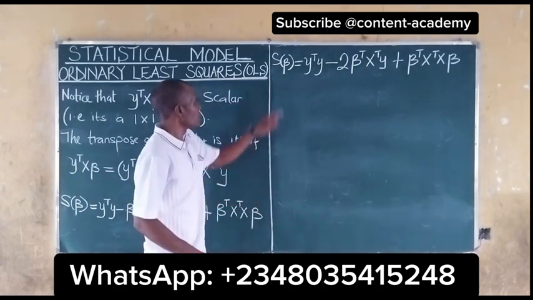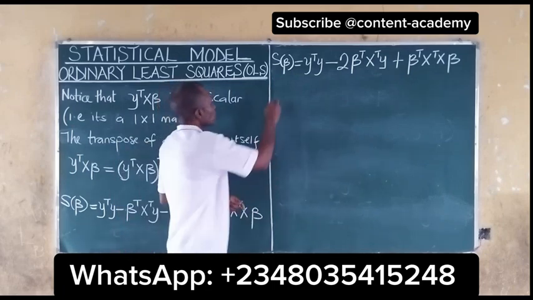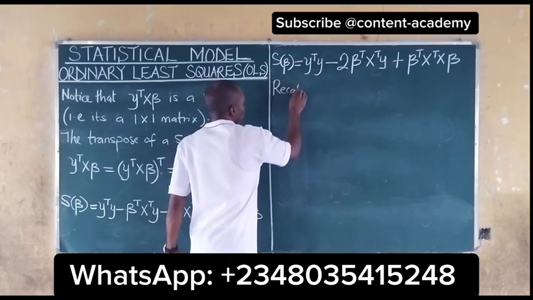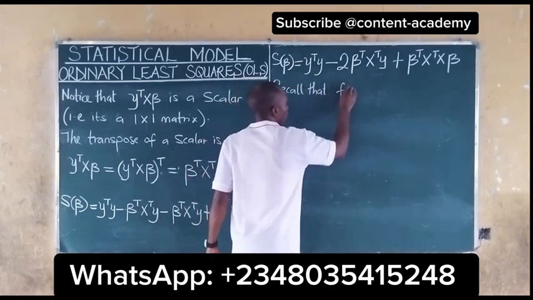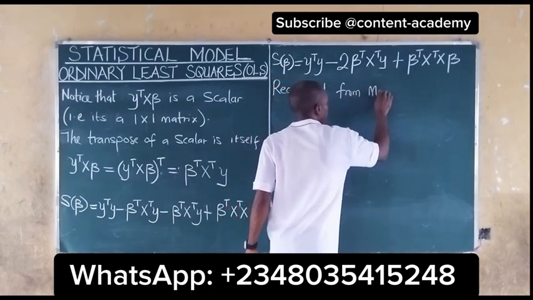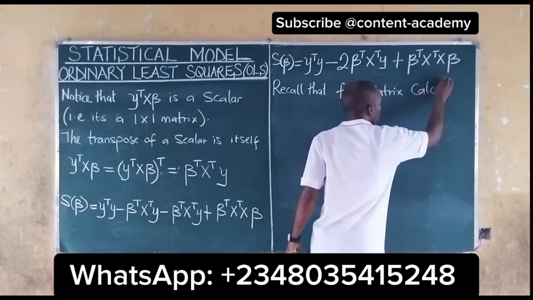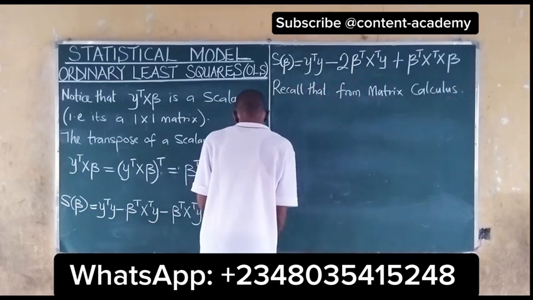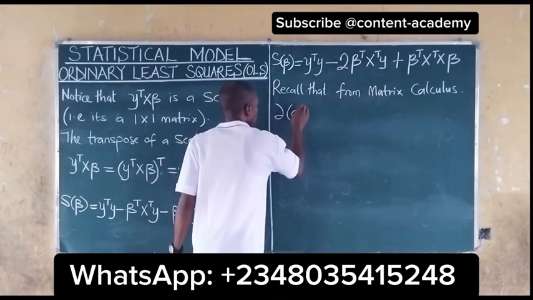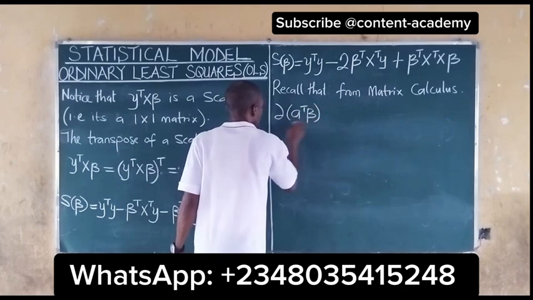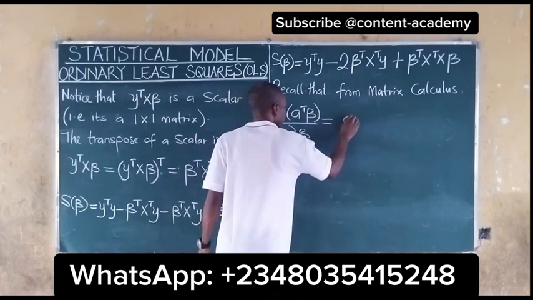Now, to obtain this b, we differentiate and equate to 0. But before we do that, we have to recall from matrix calculus that if f(b) is equal to a transpose b, differentiating with respect to b, we get a.